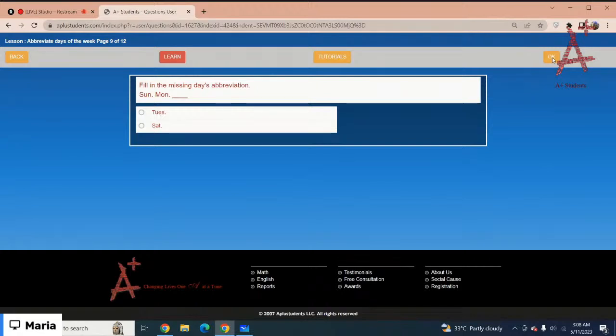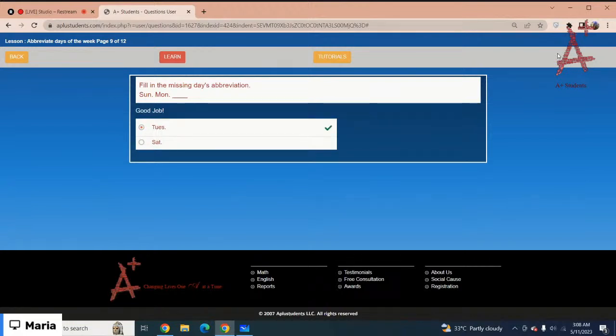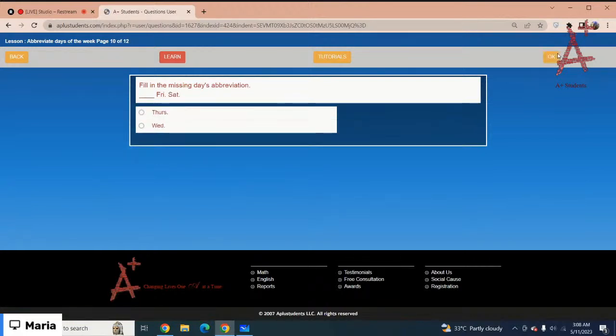Okay, fill in the missing day's abbreviation. Sunday, Monday, and which is the next day after Monday? Yes, Sunday, Monday, and Tuesday. The correct one is Tuesday. Fill in the missing day's abbreviation. Dash, Friday, Saturday.